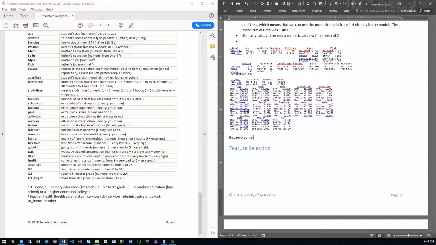Because some of these variables were numeric with a range where a higher value indicates more of something, such as more time traveling or more alcohol consumed, I converted them to factors to look at the frequency of each level.